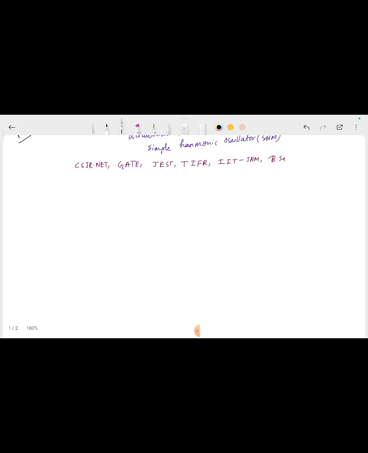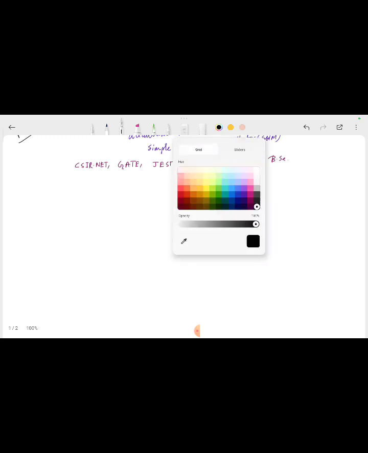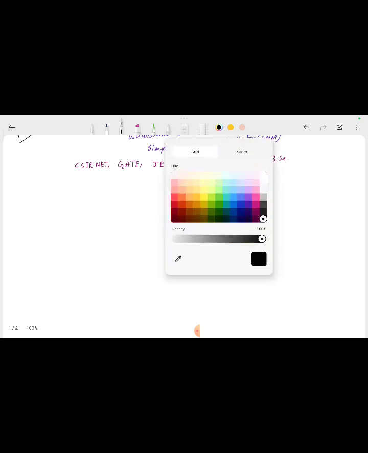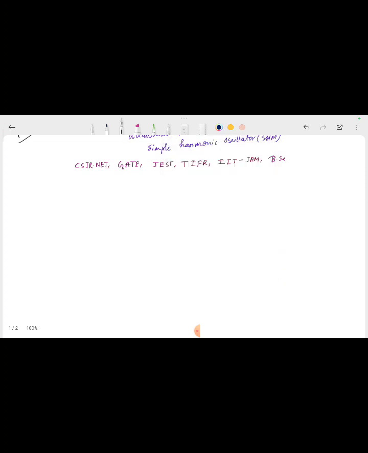We already know the ground state eigenfunctions of the simple harmonic oscillator, SHO.